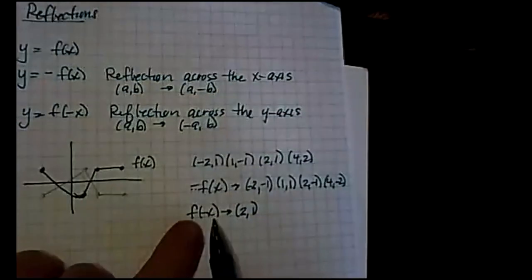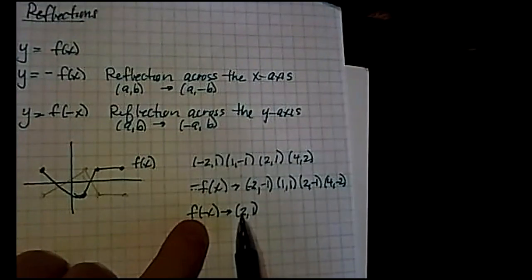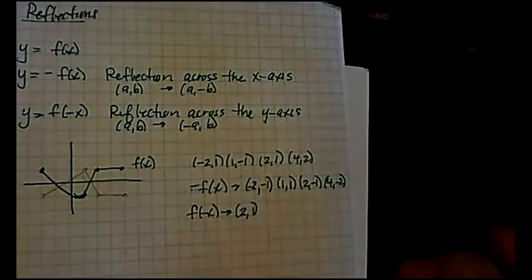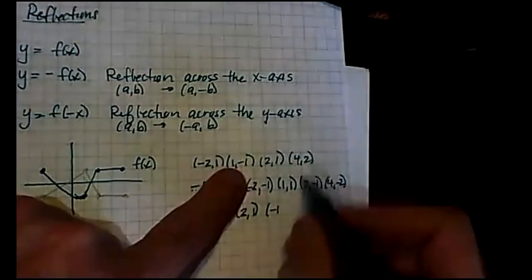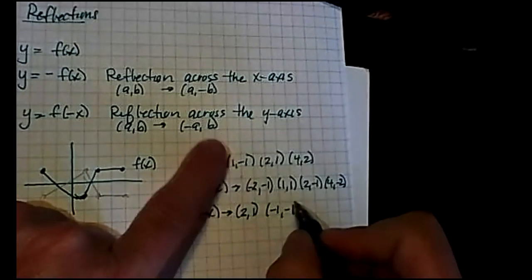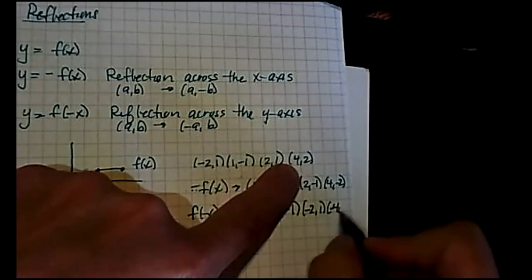So this is a reflection over the y-axis, so I'm going to change the sign of the x value. I just had to slow down and say that correctly. So change the sign. Okay, so this becomes a negative 2, 1, and this becomes a negative 4, 2.